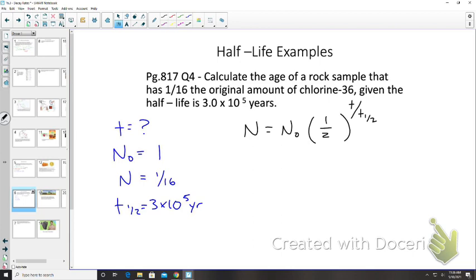So I am going to isolate for 1/2 to the T divided by T half. I'm going to divide both sides by N naught. Now I'm left with N divided by N naught is equal to 1 over 2 to the T divided by T half. N is 1/16 and N naught is 1.